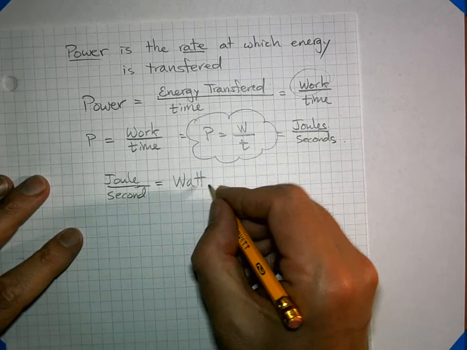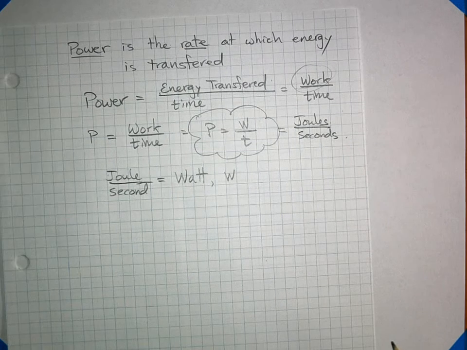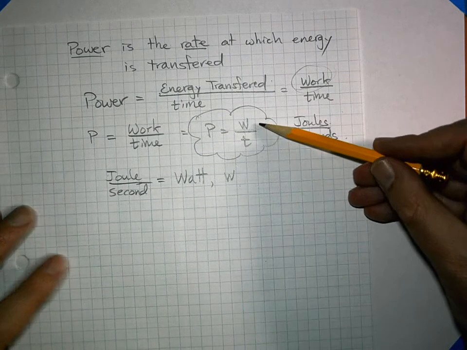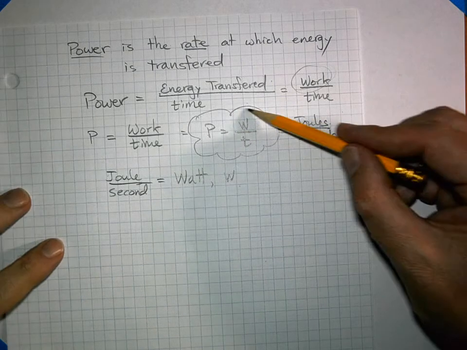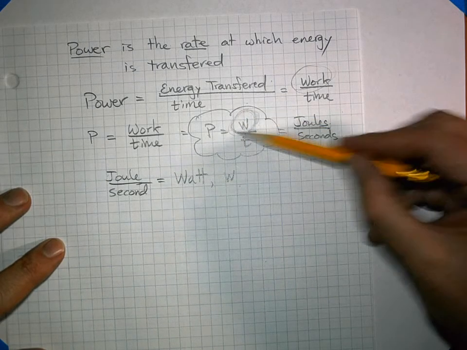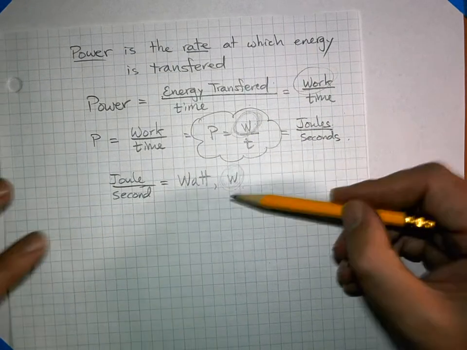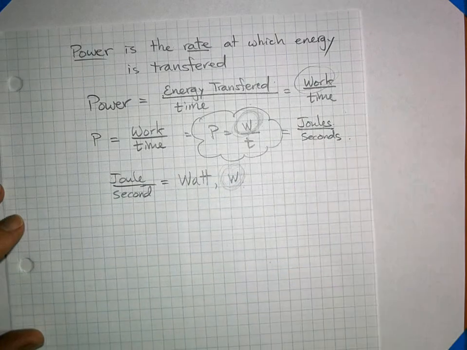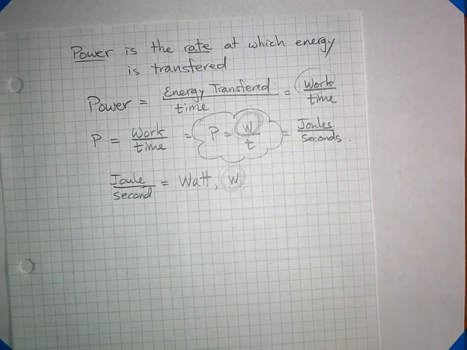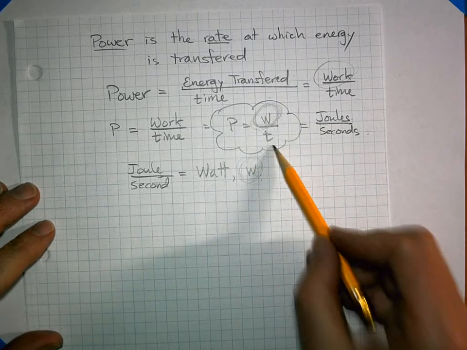Now we abbreviate a watt with a capital W, which is unfortunate because we also use a capital W to represent work, but this right here is not a unit. This is a variable name for work. When you see a W next to a number, being used as a unit, it stands for a watt. So we have our formula: power equals work over time.